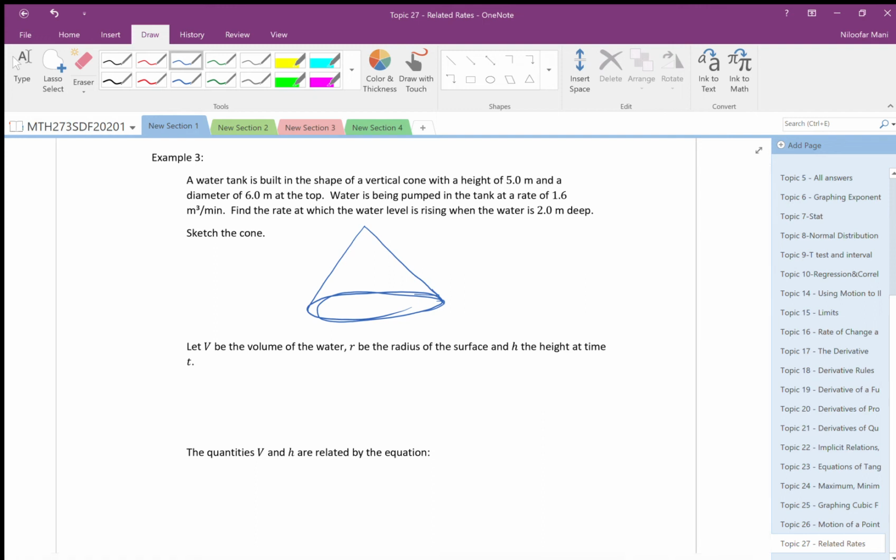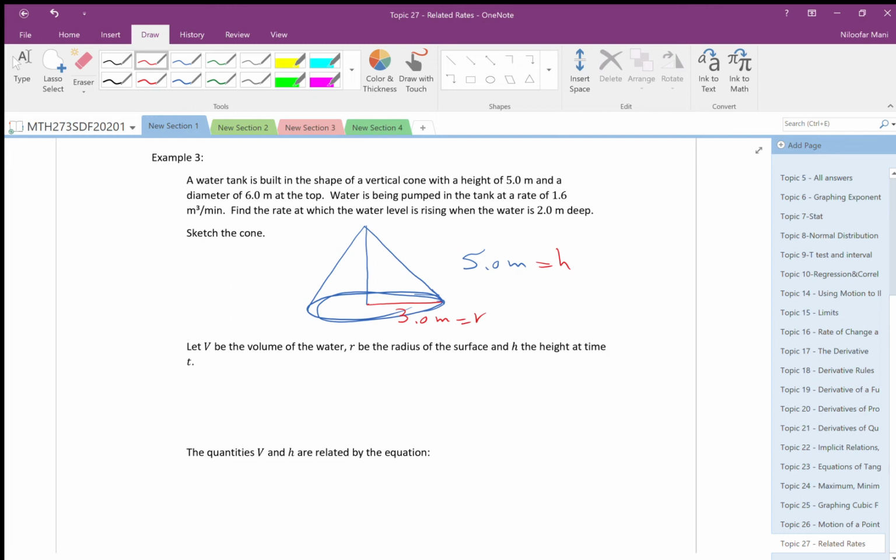The height is from here to here, the height is 5 meter. Diameter is 6 meter, so I have 3 meter here. This is r, because diameter is r multiplied by 2. So here you read the question, you just sketch it, you just picture it in your head.